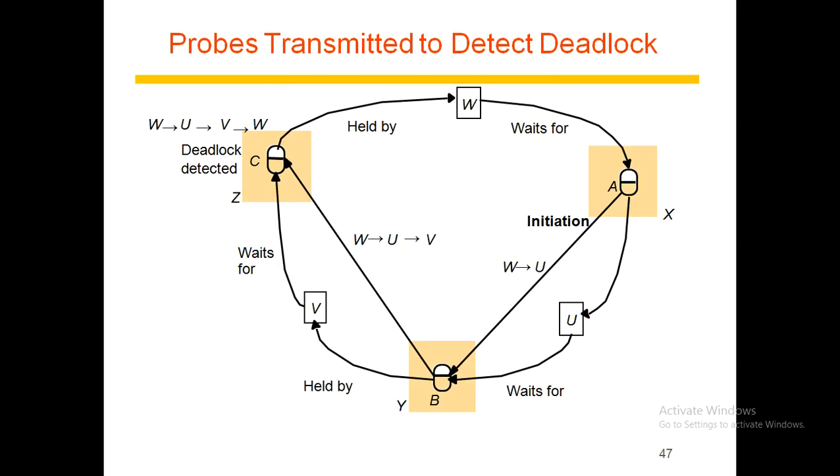In our example, the following steps describe how deadlock detection is initiated and how probes are forwarded during the corresponding detection phase.